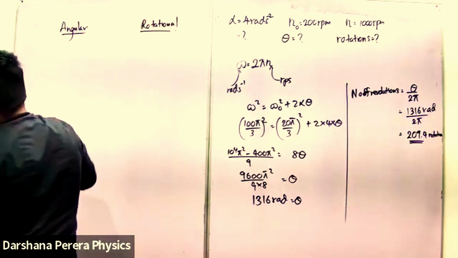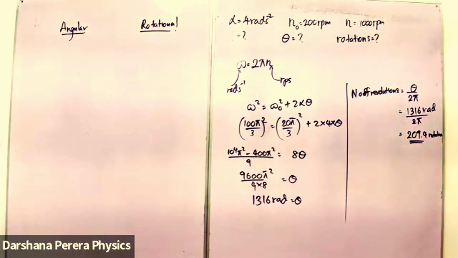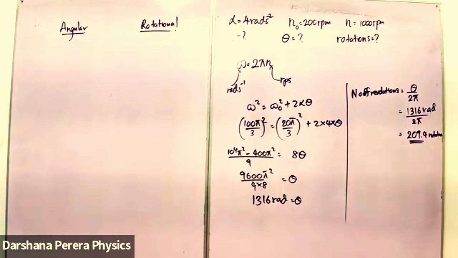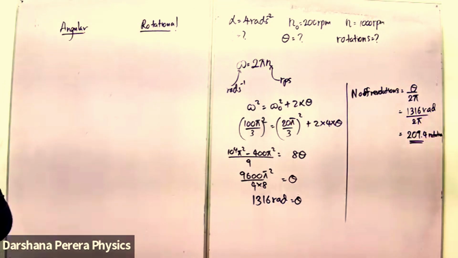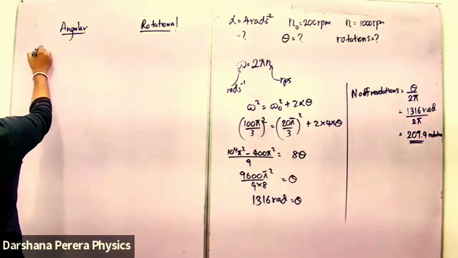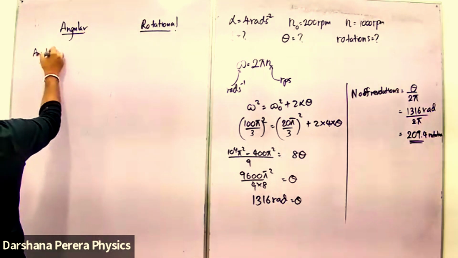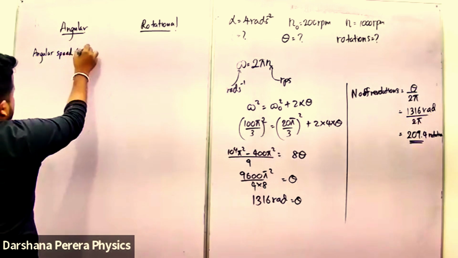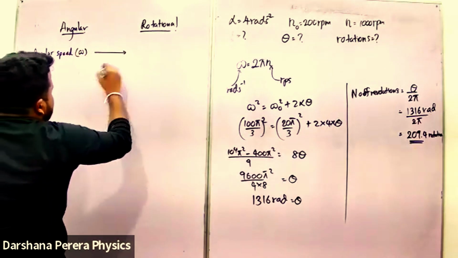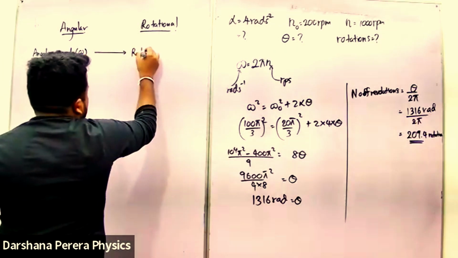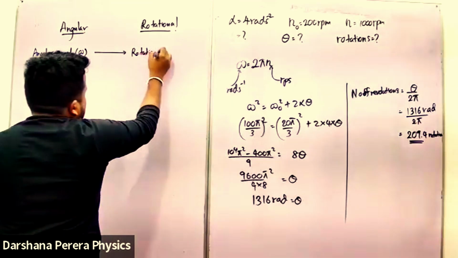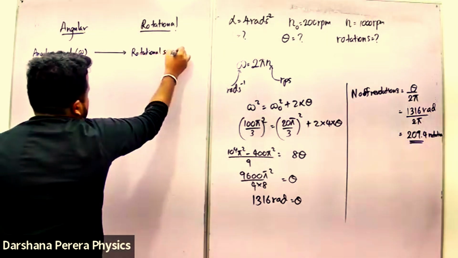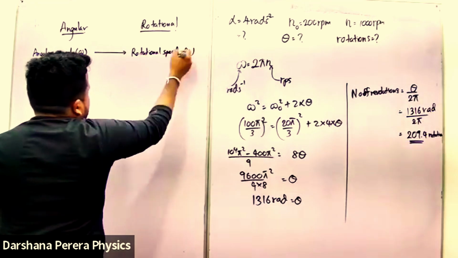We can use the rotational speed as follows. What is angular speed? Omega. For that, we can use the rotational speed n. What is the unit?